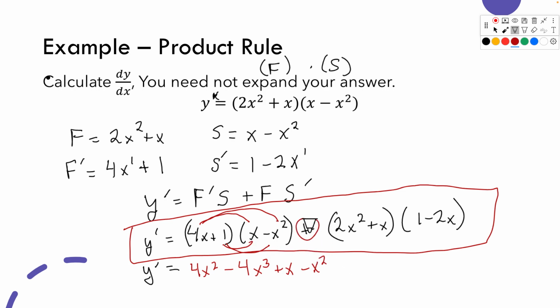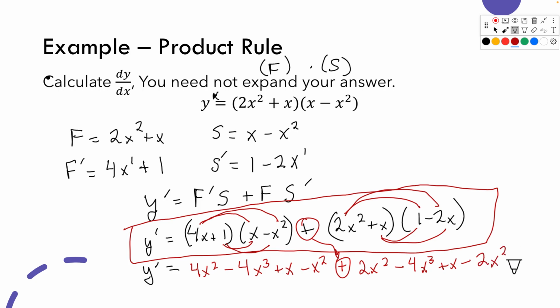I've got this plus, and I need to FOIL this part out. 2x squared times 1 is 2x squared. 2x squared times negative 2x is negative 4x to the third. And then I take this one times 1 plus x minus, what's that, 2x squared.